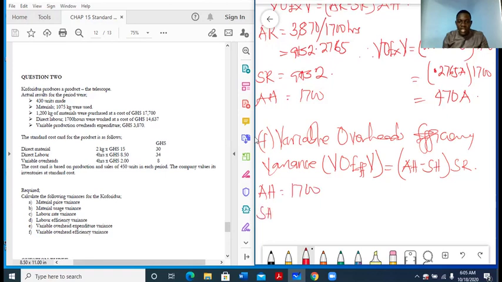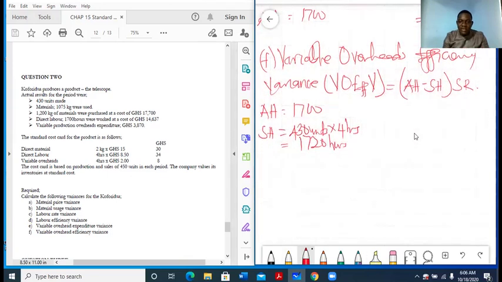Our standard hours: we are planning to use 4 hours to produce a unit, and we produce 430 units. So 430 times 4 gives us the total hours of 1,720 hours. Okay, good. Now we know our standard variable overheads rate, which is 2 CD.